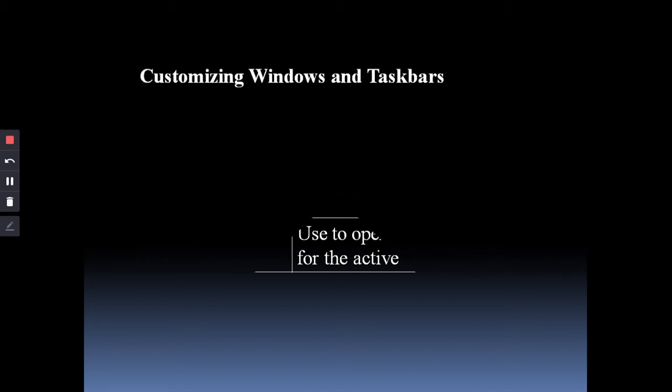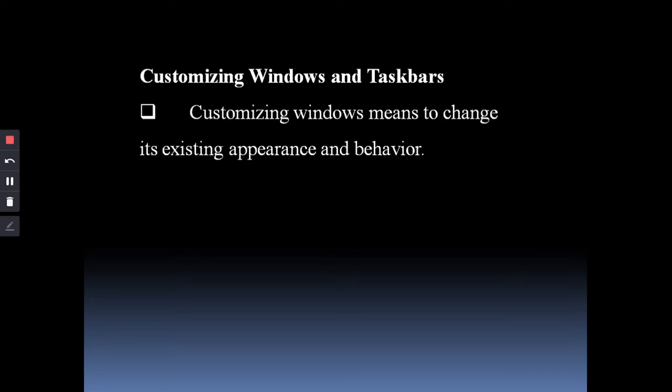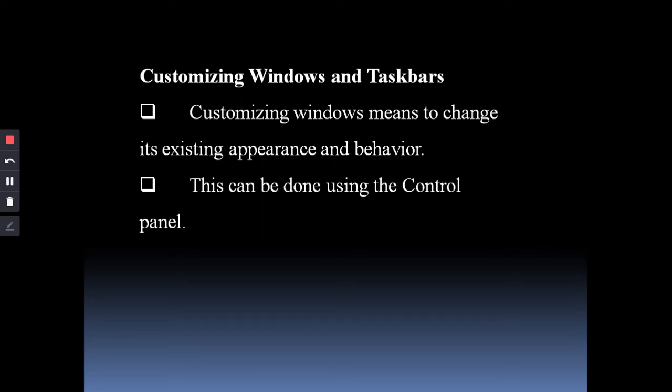Next, we move on to the topic customizing windows and taskbar. Customizing windows means to change its existing appearance and behavior. This can be done using the control panel. If you want to change any appearance or behavior in Windows, we have to do it by using the control panel.